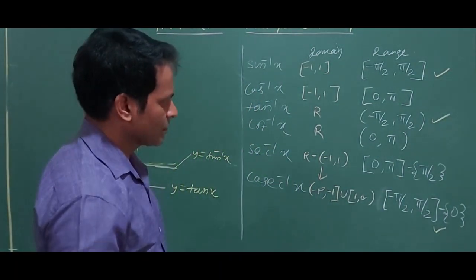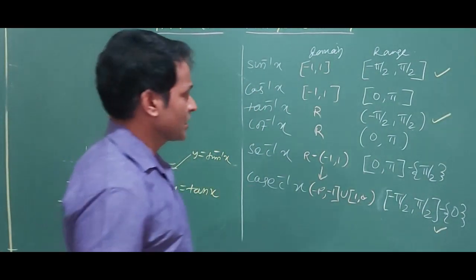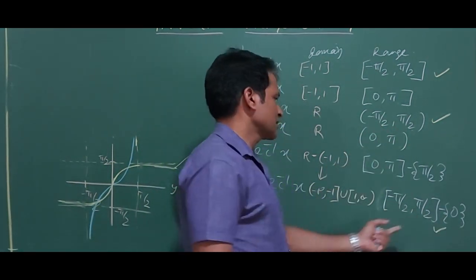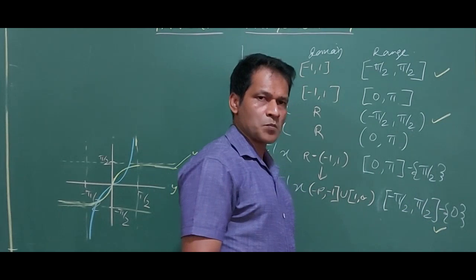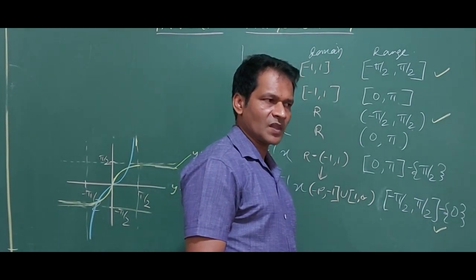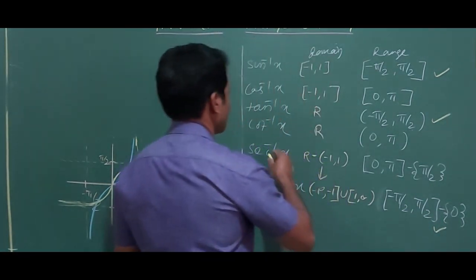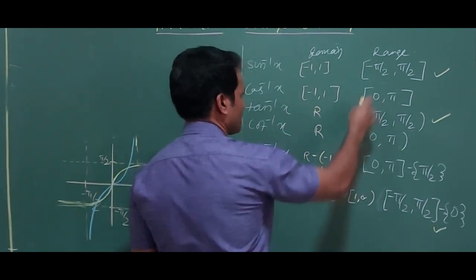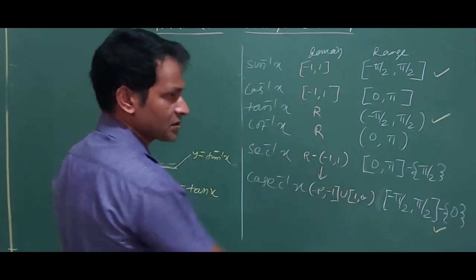That's the way you can remember it. For only that, you have to remember this is an open interval and this excludes 0, because cosec inverse x at 0 is not defined. Then the other three, cos inverse x, cot inverse x, sec inverse x, are 0 to pi. Now what is the meaning of it, we are again going to check.